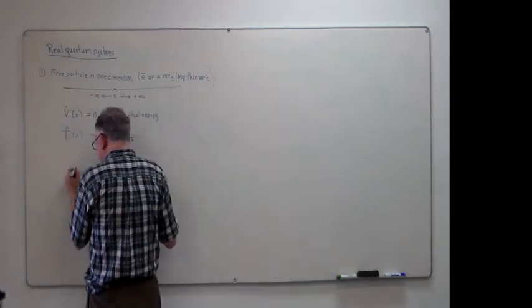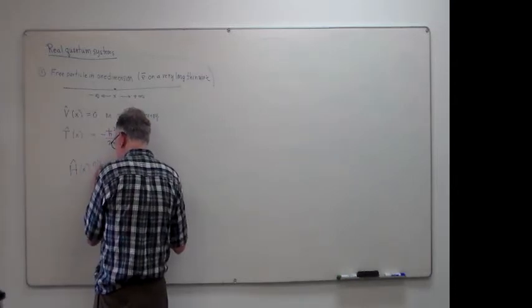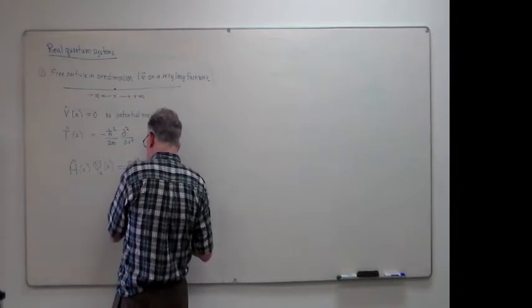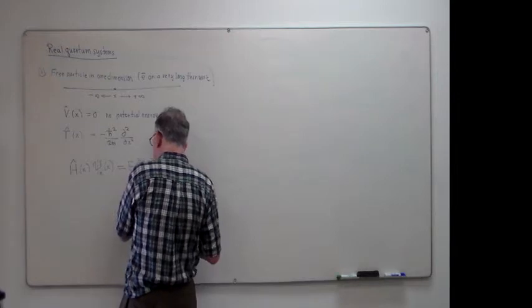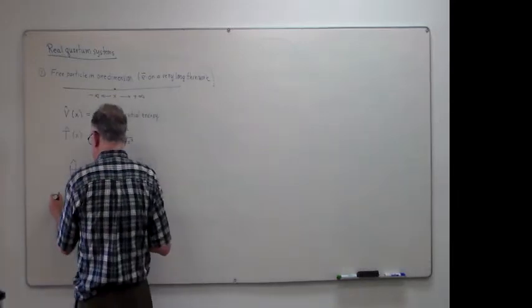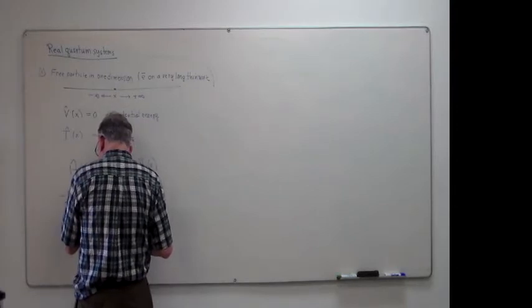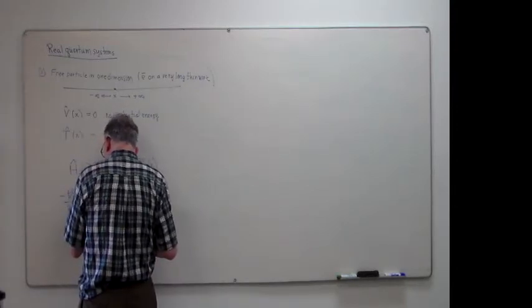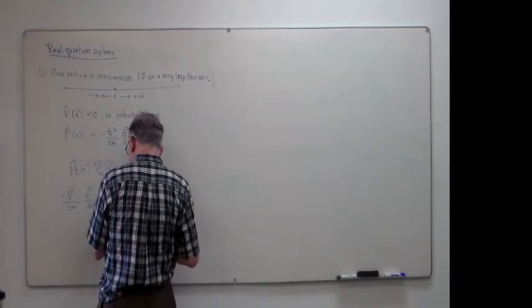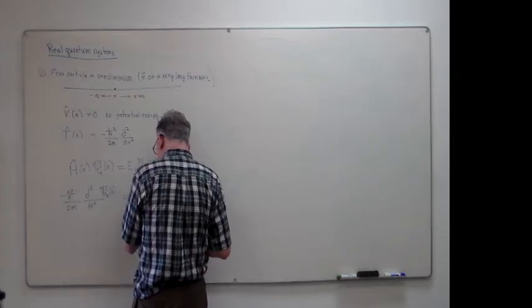So H of x psi n of x equals En psi n of x, or minus h bar squared over 2m, d squared over dx squared psi n of x equals En psi n of x.